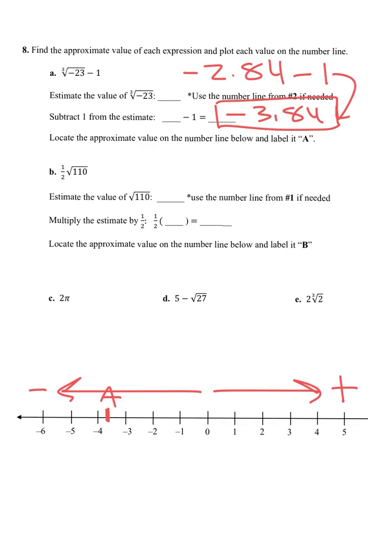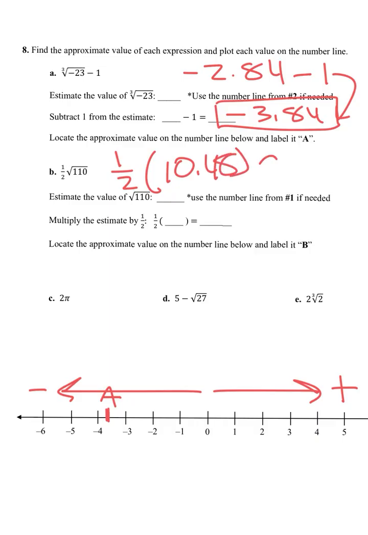All right, moving on. Part B says, what's half of the square root of 110? So again, take care of the square root first. If you go 110, find its square root, you get 10.48. So it's going to be 1/2 of 10.48. And what's that equal to?